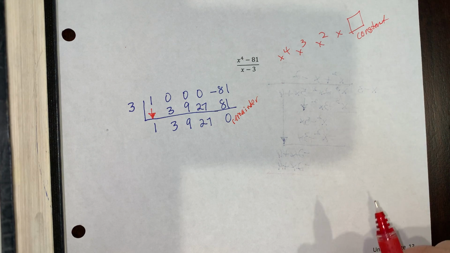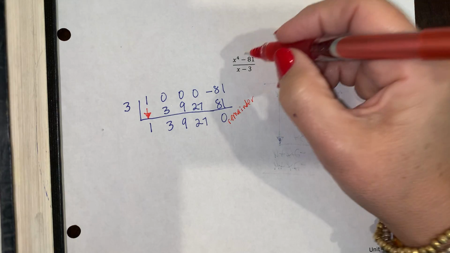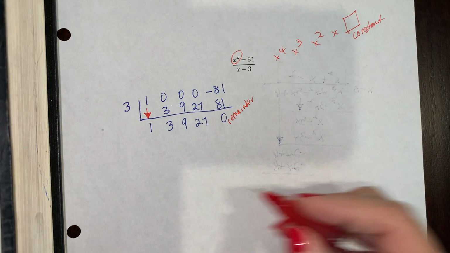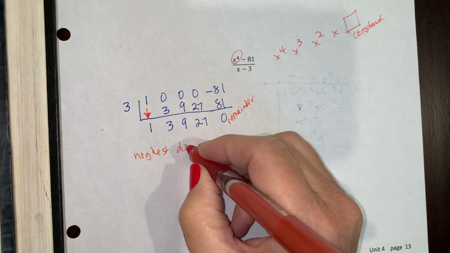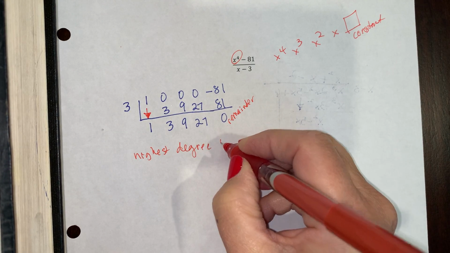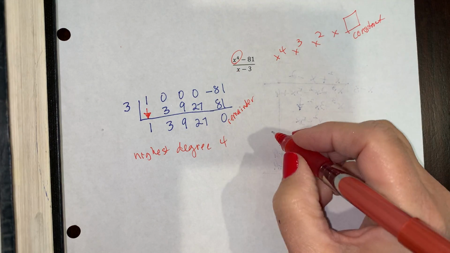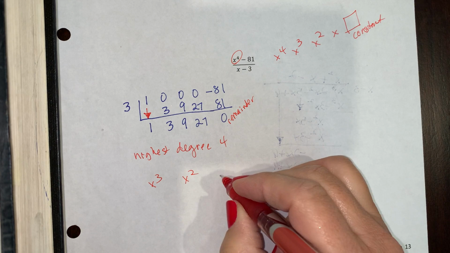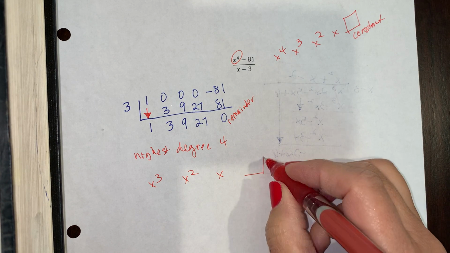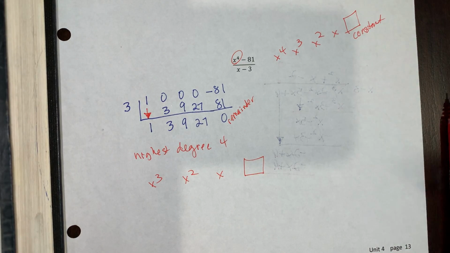I have no remainder. But now how do I rewrite this as the polynomial? I started with my highest degree, which was a 4. So I know I need to go down 1 step. So I should have an x to the third, an x squared, an x, and then a constant, and sometimes a remainder. Okay, so now I'm just going to take those numbers.